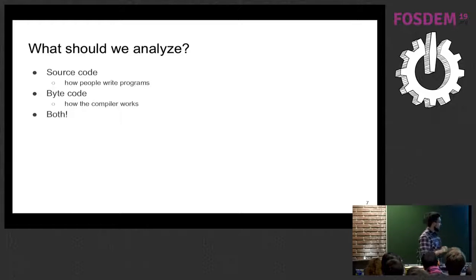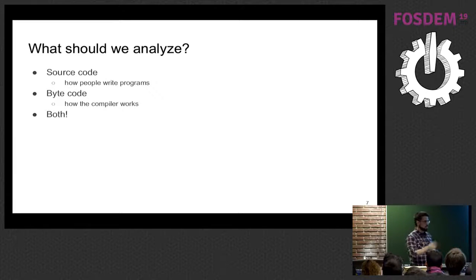Okay, getting back to the task at hand, what should we analyze? Originally, we targeted the regular Kotlin that works on the JVM. So we have the source code and the bytecode produced from it. We should analyze both of them because analyzing source code gives us patterns in incorrect language use, while analyzing bytecode provides us with compiler issues.